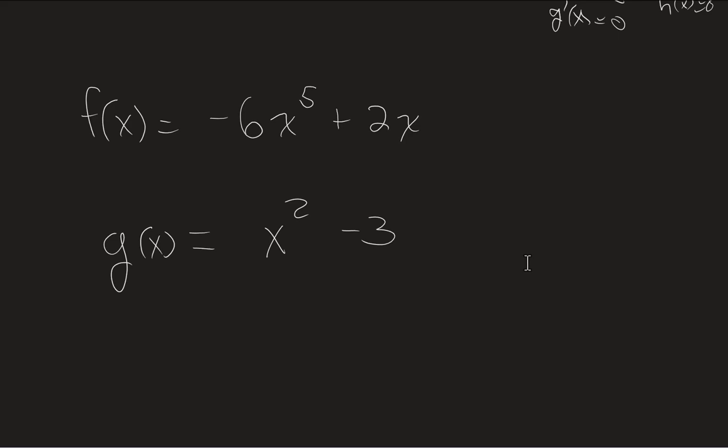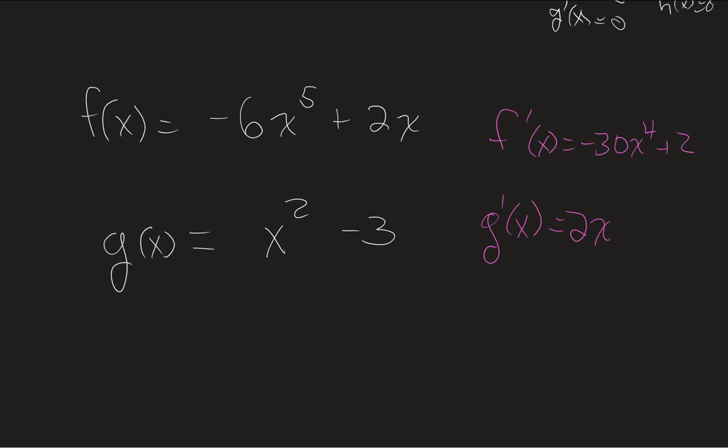Okay, so what you should have gotten is that f prime of x equals negative 30x to the 4th plus 2. 5 times 6 is negative 30. Subtract 1, you get 4. Derivative of 2x is just 2. And g prime of x is 2x, and the derivative of the constant is 0.